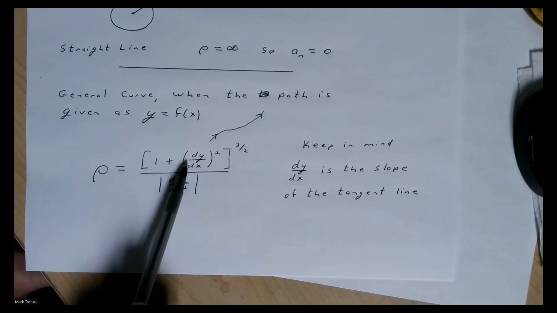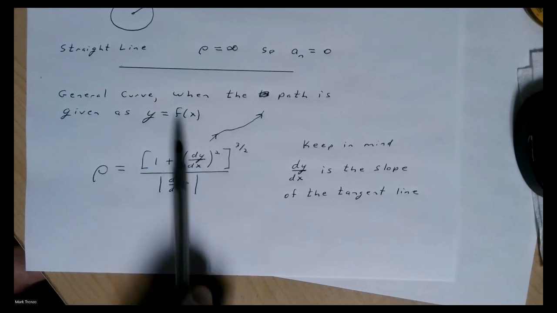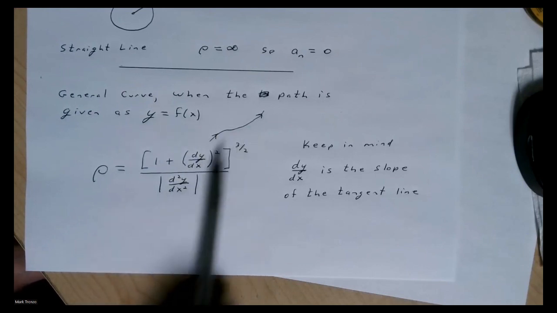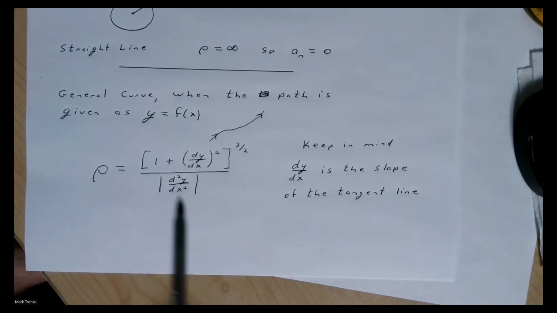So we're going to use this very often when we have the equation of the path given. We could find the radius of curvature using this equation at any particular point. So let's take a look at some examples.